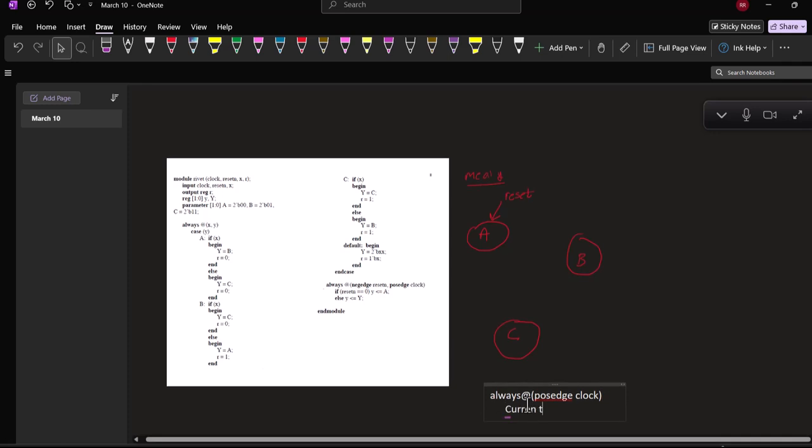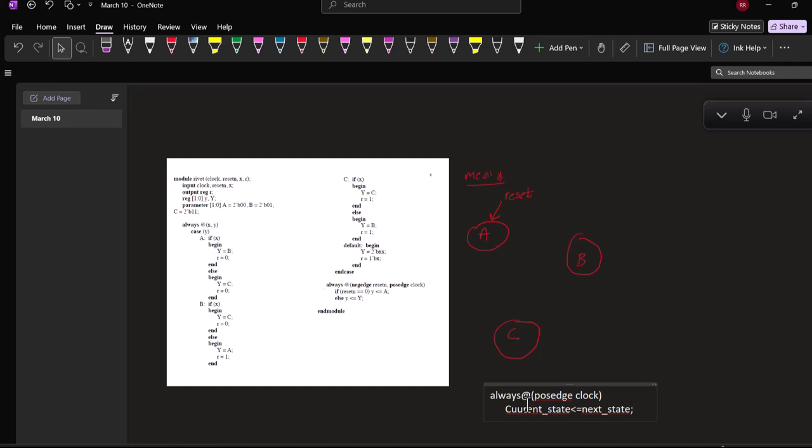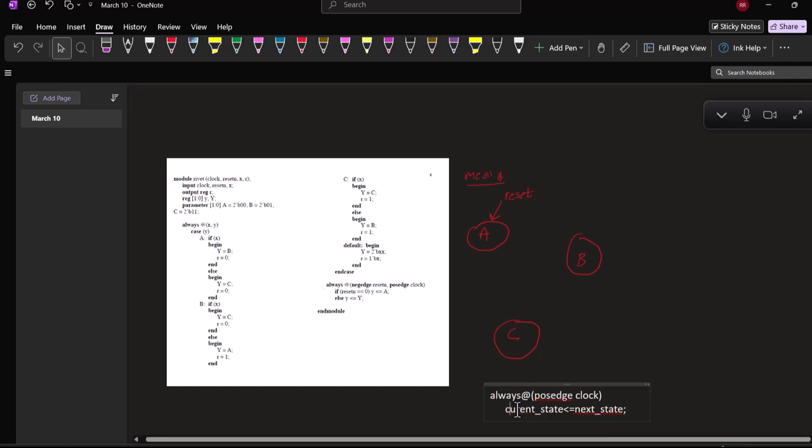Current state, and then whatever you're calling these, current state becomes equal to next state, and it's the next state that you are defining up in the first always block. And so here, the current state is lowercase y, and the next state is uppercase y.